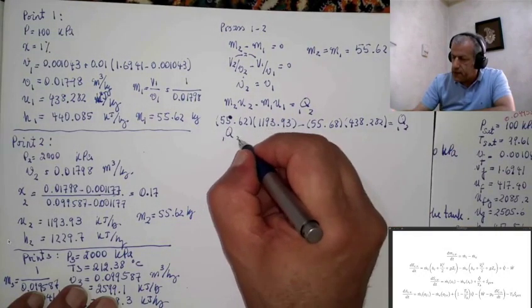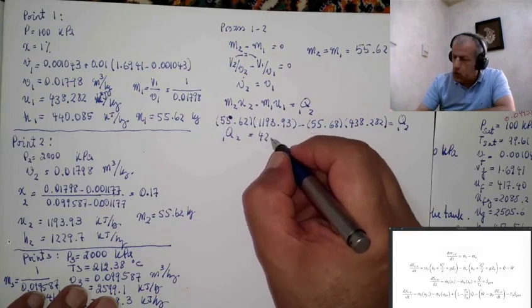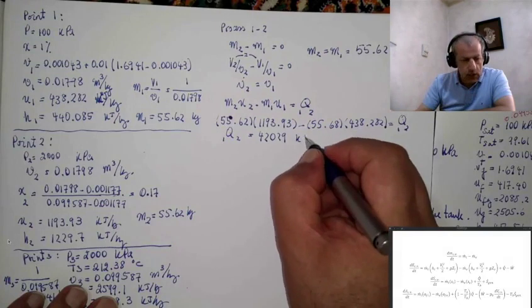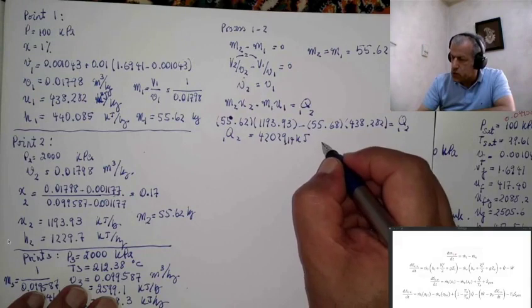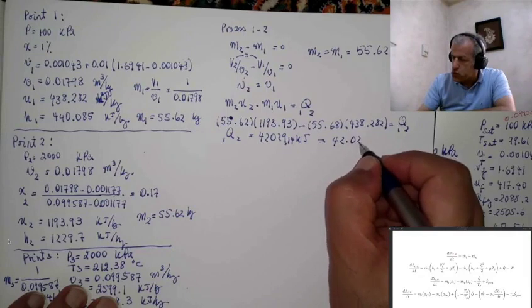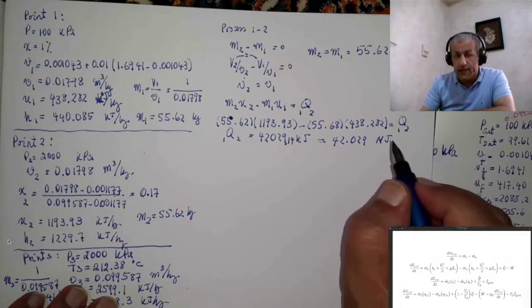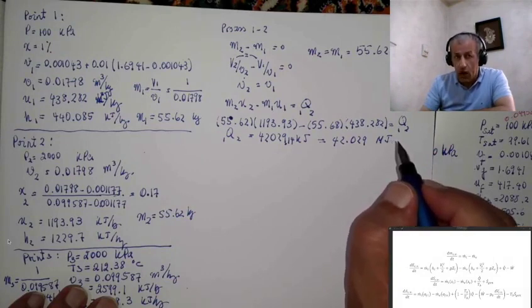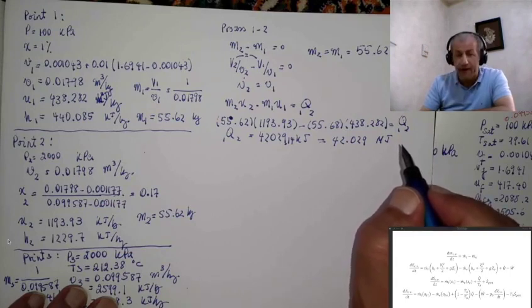After calculation, it gives us Q12 as 42,029 kilojoules, which would equal 42.029 megajoules. And that is the heat transfer required to just increase the pressure from 100 kilopascals to 2000 kilopascals. So we have the heat transfer.